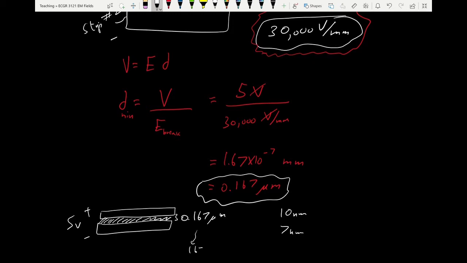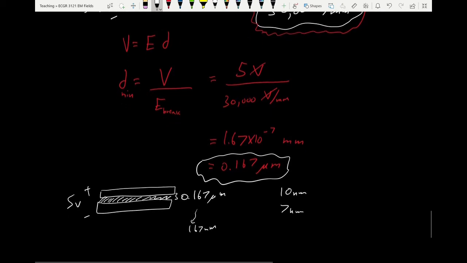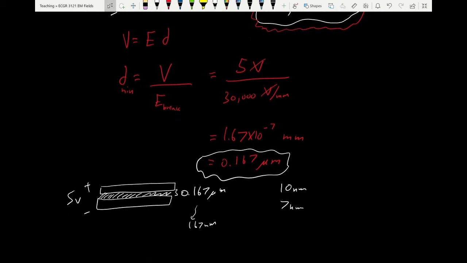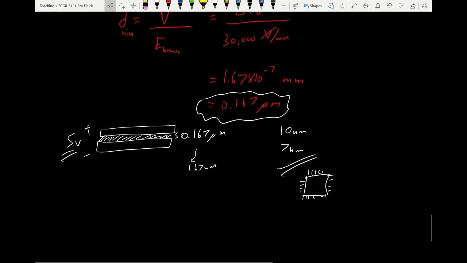This is huge compared to the processor. So that tells me that in modern processes, the voltages inside the chip between the semiconductor layers need to be way smaller than 5 volts. 5 volts is large, right? So we found d min, which is 0.167 micrometers.